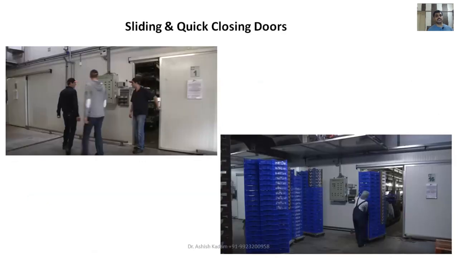So you can see these pictures. The material is rightly placed and rightly stacked, and the material is properly removed using trolleys, so the effort required is very little. All these things you can address if you have the right planning.